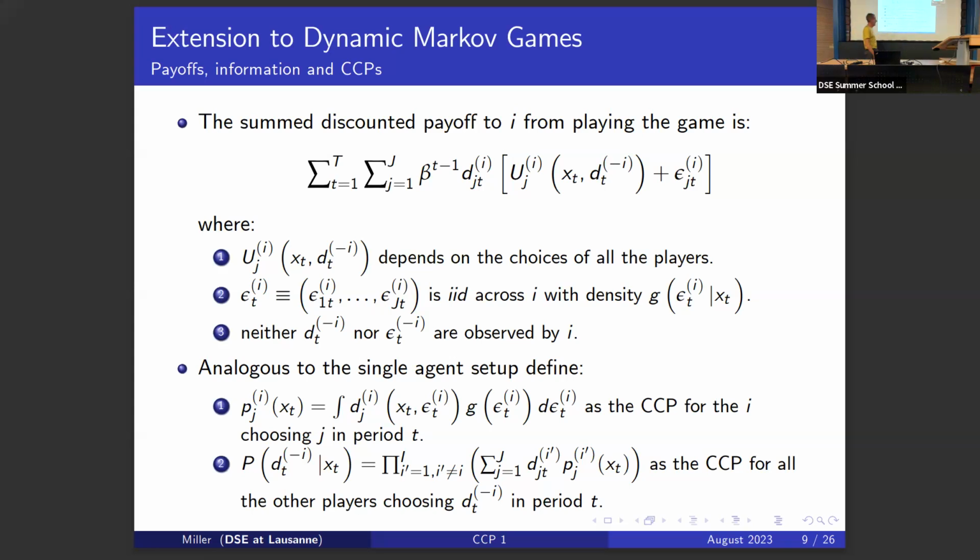I'm going to be integrating over what everybody else does. So I'm setting up a conditional choice probability in exactly the same way as in an individual optimization problem. And everybody else, for me, is, well, I don't know what they're doing, so I'm just going to be integrating over their choices and forming that as a probability.